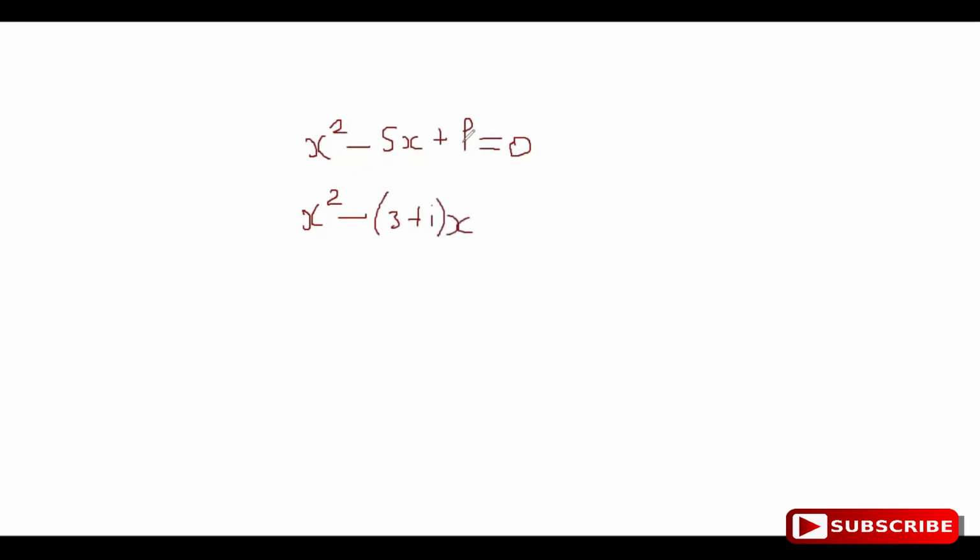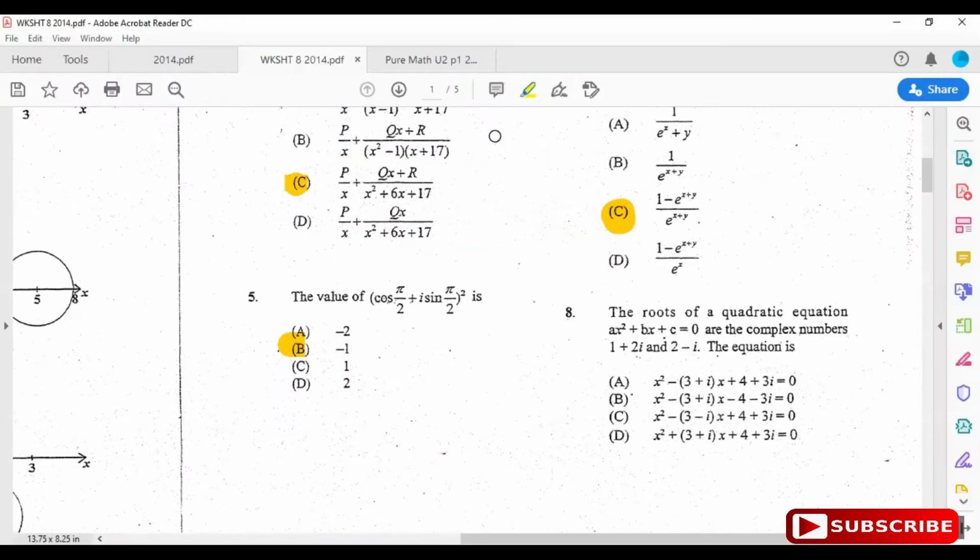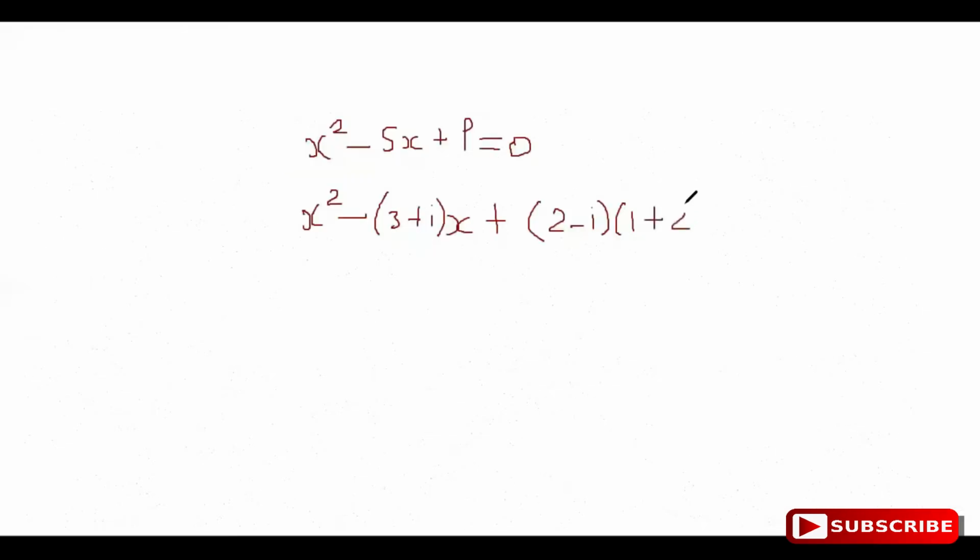Then now this p is the product of the two roots, which is 2 minus i times 1 plus 2i. That's equal to 0.